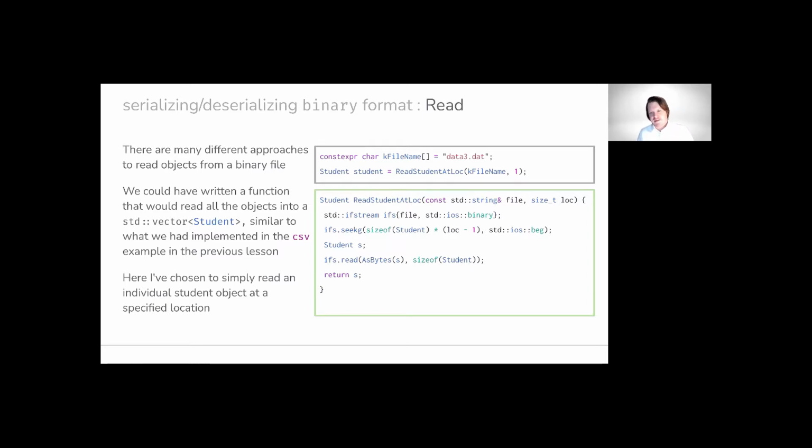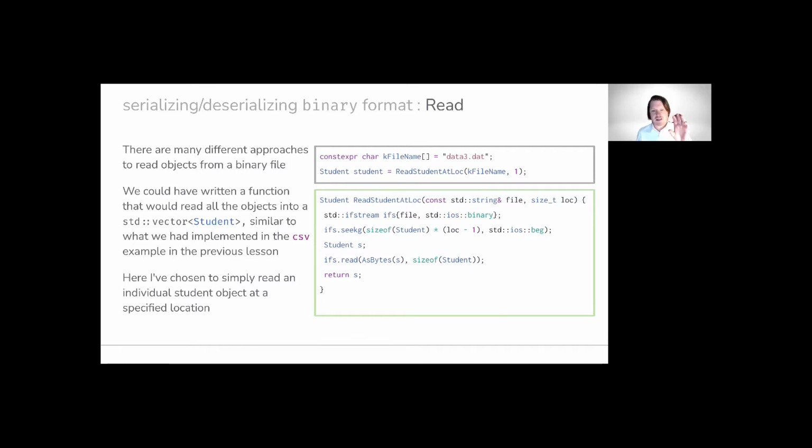So I have some file, data3.dat. I have a student object, and I'm going to assign it the return result of read student at location. This function has two parameters. The first is the name of the file which we'd like to read a student object from. The second is the location of that record within the file.